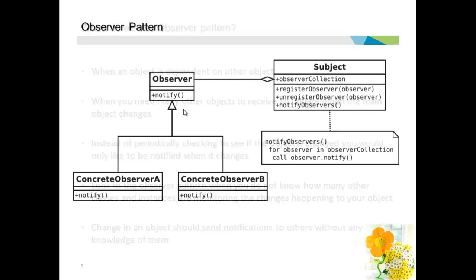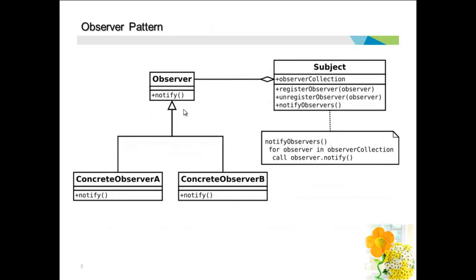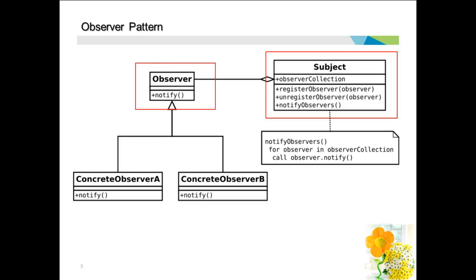Okay, and if you look at the class diagram, you have a subject here, and the subject will provide the methods for registering, unregistering, and notifying. You also have an observer here. Usually this will be an interface, and it has a notify method.